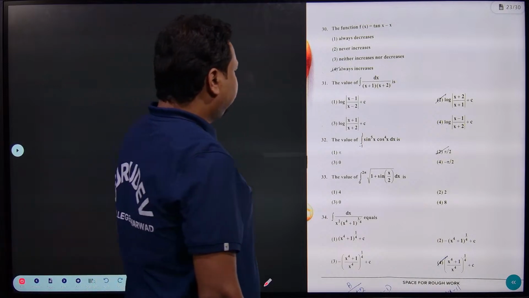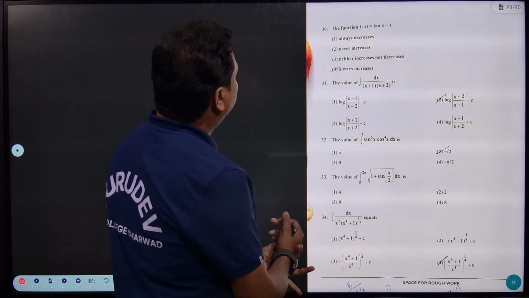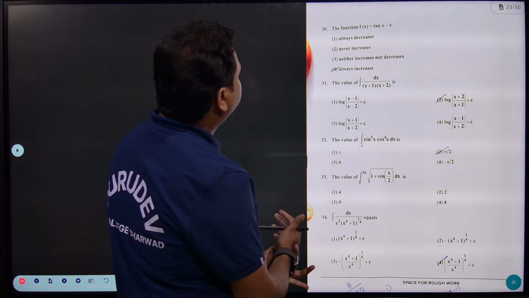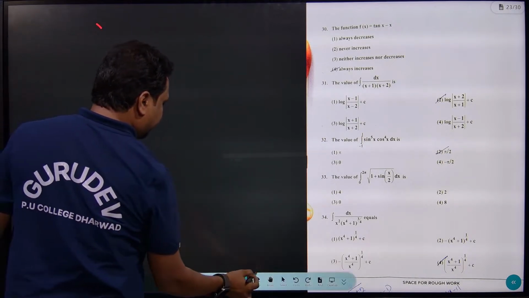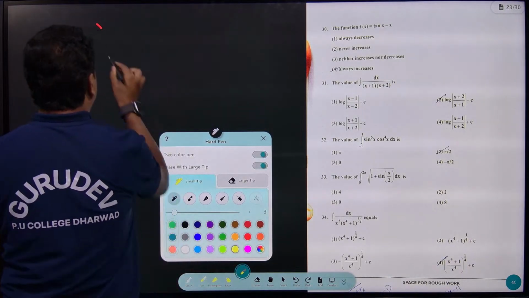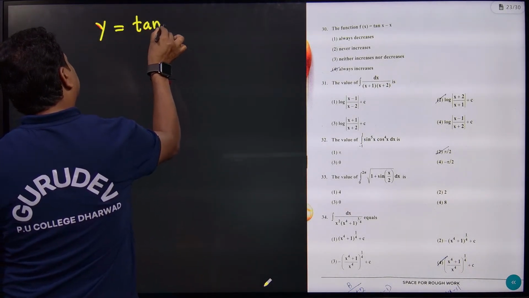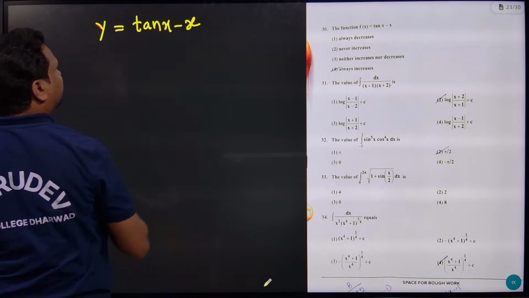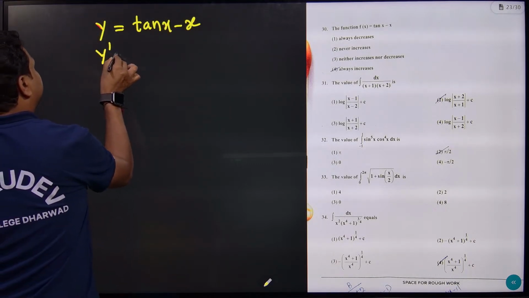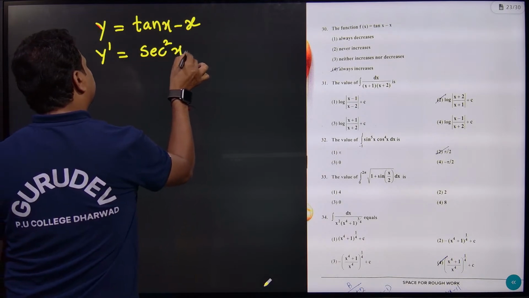The function tan x minus x. If I differentiate, y dash is secant square x minus 1.